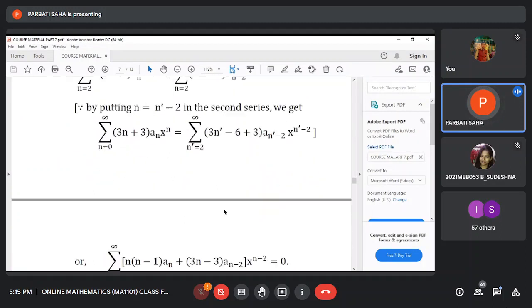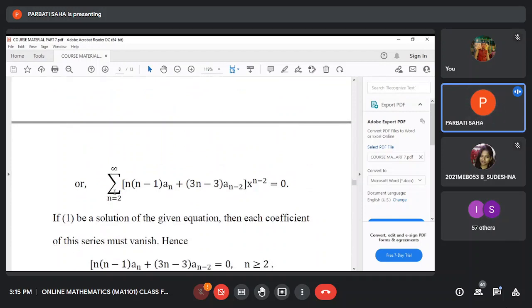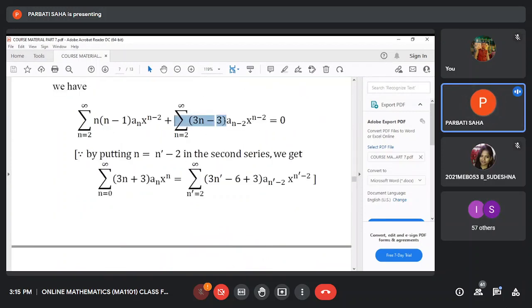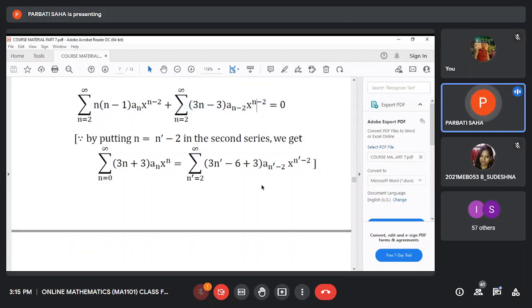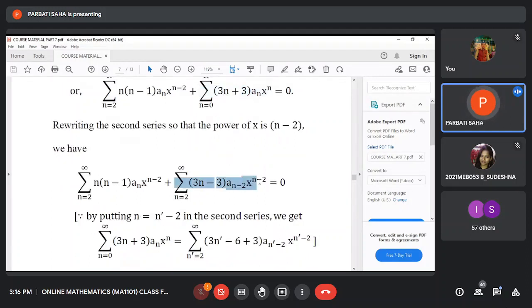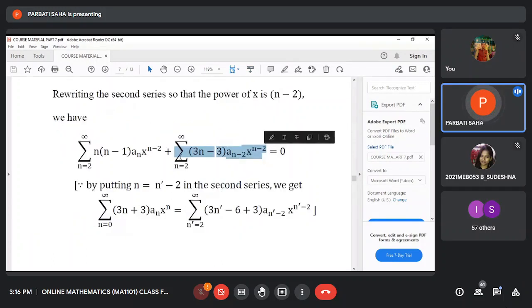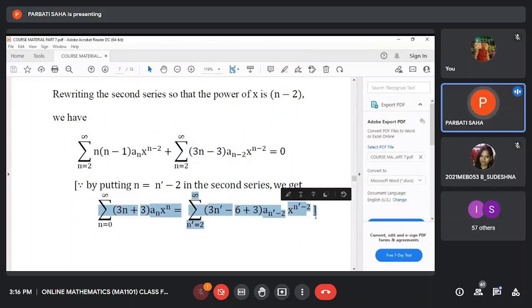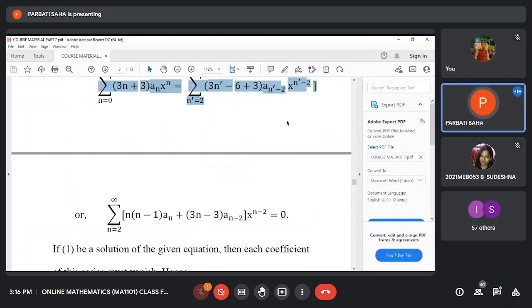Then after simplification, it will be like this. So we may replace this by this, to make this term contain x to the power n minus 2. Actually, here you see this term has been replaced by this, so that the power of x is n minus 2, and how to get it, that calculation has been done here.